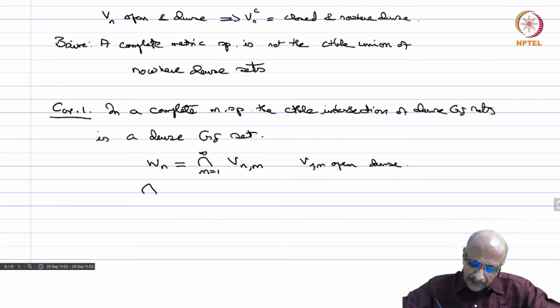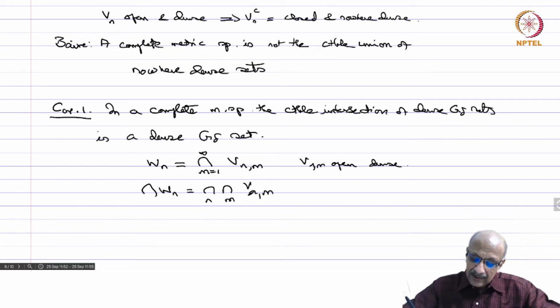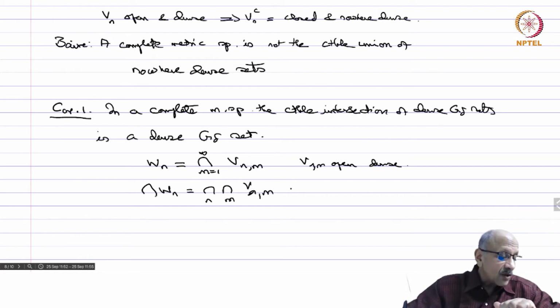So if you take the intersection of the W_n, this will be the intersection over n, intersection over m, of V_nm, and that's again a countable intersection of open dense sets, and therefore it is also dense. And since it's a countable intersection of open sets, it is also a G delta set. Therefore, in a complete metric space, a countable intersection of dense G deltas is also a dense G delta set.